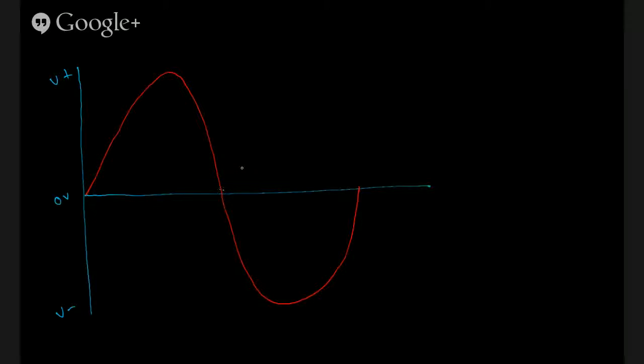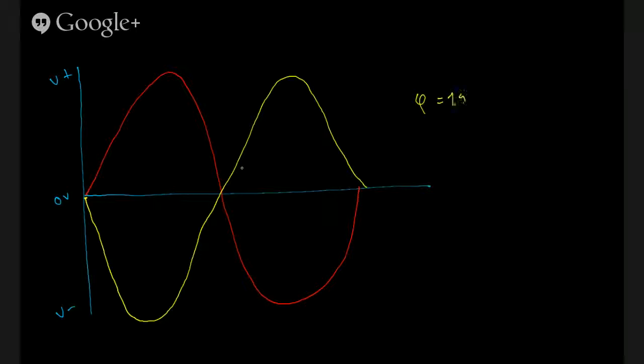This will be simpler. If we had two waves 180 degrees out of phase, then the effective voltage would be nothing.